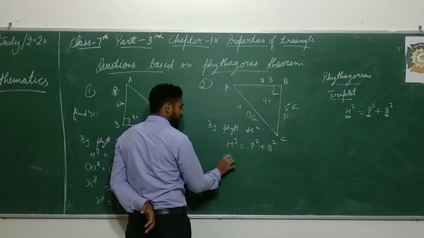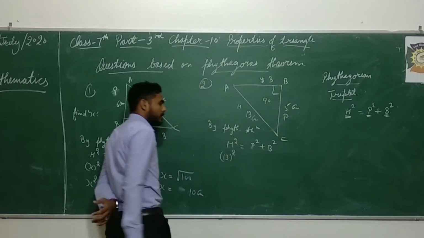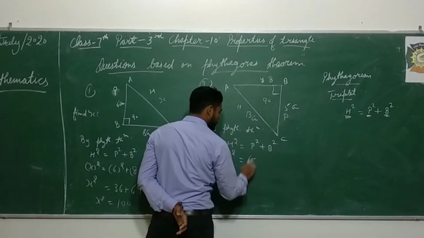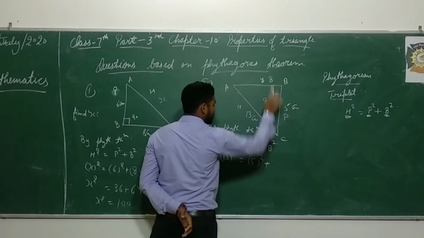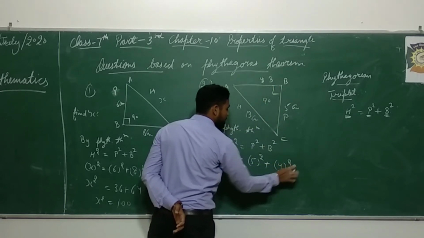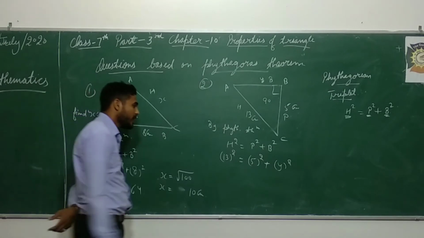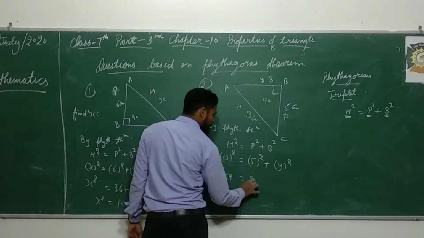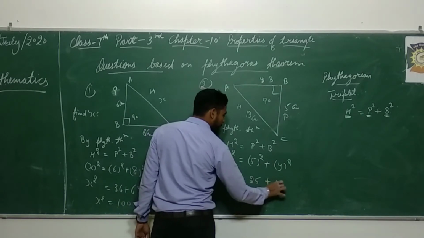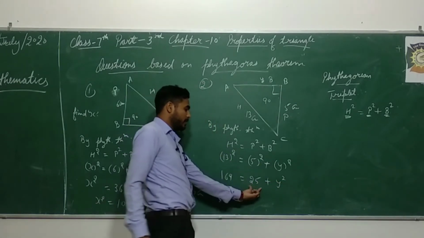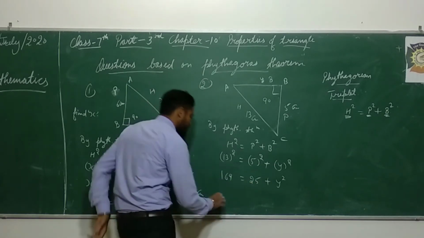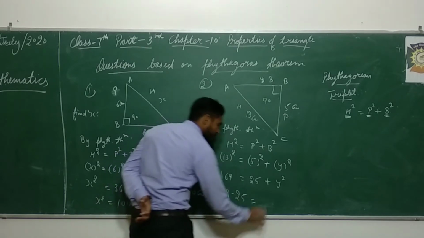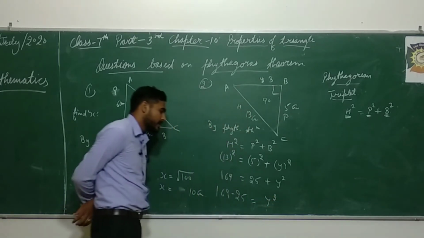Here h is given as 13, p is 5 and we have to find b, which is given as y. Now 13 square is 169, equal to 5 square, which is 25, plus y square. If we move 25 to this side, it becomes negative. 169 minus 25 is equal to y square.